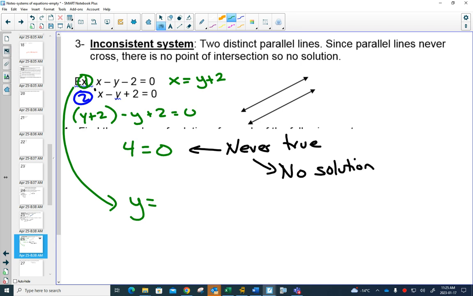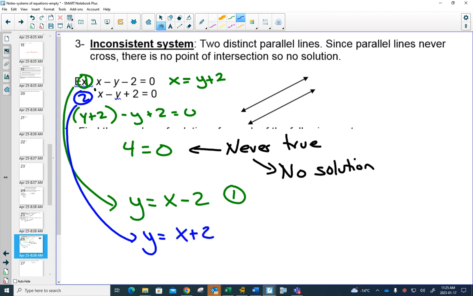If I got the y by itself, can you see that equation 1 is x minus 2? And can you see that equation 2, if I got the y by itself, would be x plus 2. They both have the same slope of 1, but they have a different y-intercept.